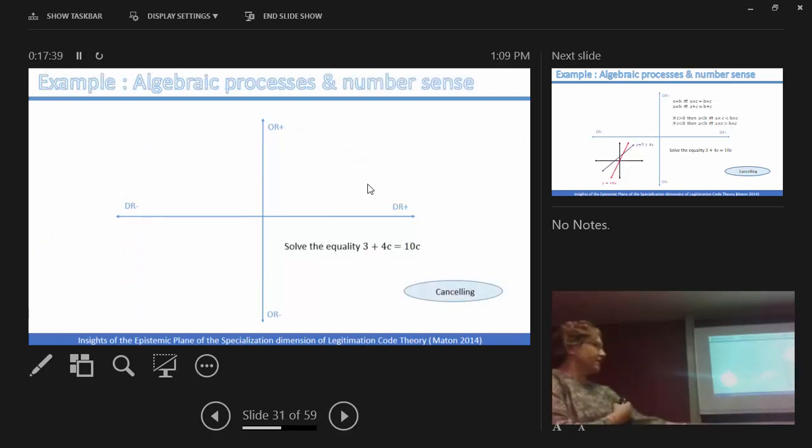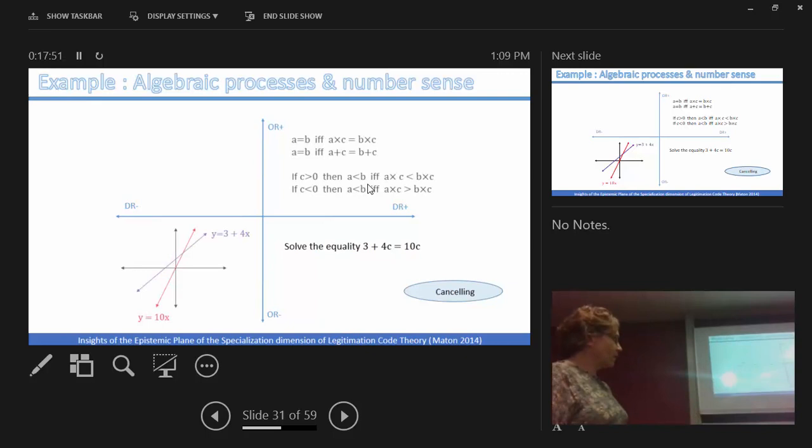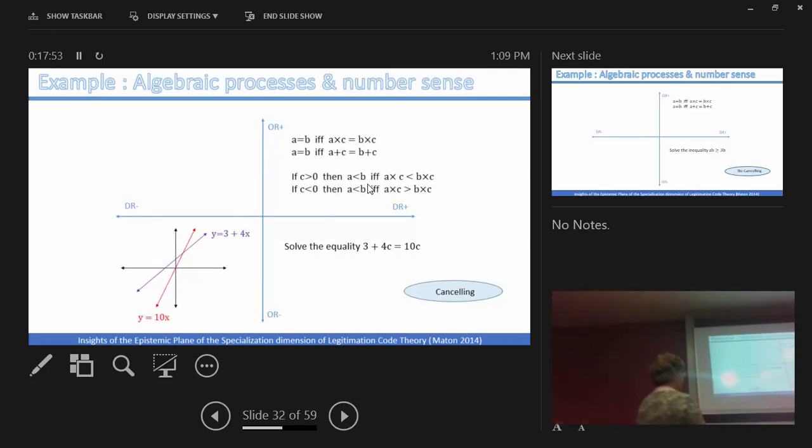So if we give them an example like solve the inequality 3 plus 4c is equal to 10c, cancelling is usually the approach to follow there. And some students might try and draw a picture and see, okay, we're trying to find the intersection of two straight lines.